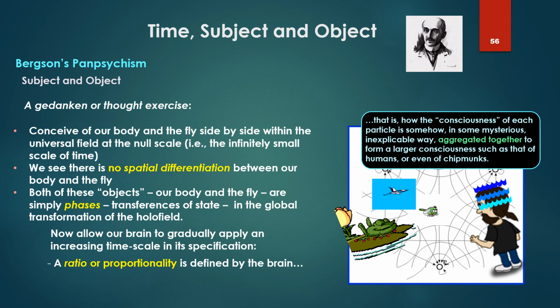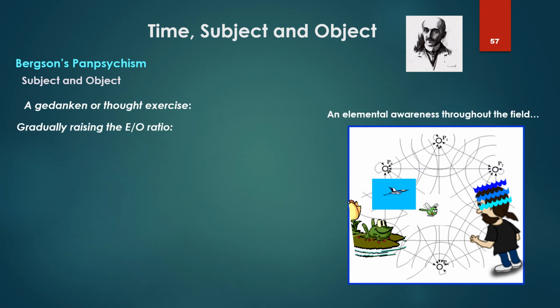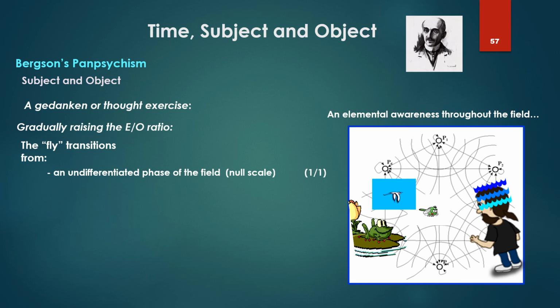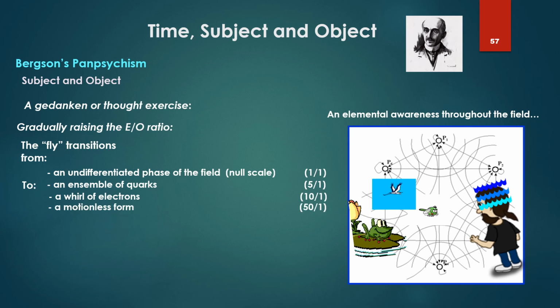But now allow our brain to gradually specify an increasing time scale in its specification. You get a ratio of proportionality as defined by the brain, an environment/organism or E/O ratio. Gradually raising this ratio, the fly transitions from an undifferentiated phase of the field at the null scale, its non-differentiation from the body and the fly, spatially, to an ensemble of quarks, again, just using an arbitrary ratio to show the increase, a world of electrons, a motionless form, the heron-like fly, to the buzzing being of our normal scale.